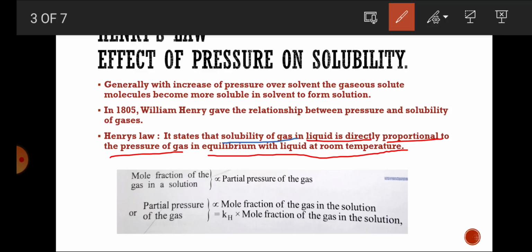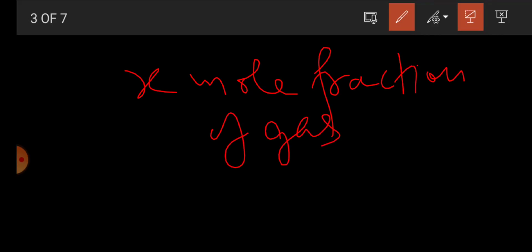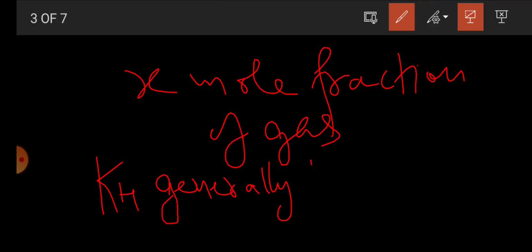What we have to consider is that x is the mole fraction of the gas, and kH is Henry's constant.